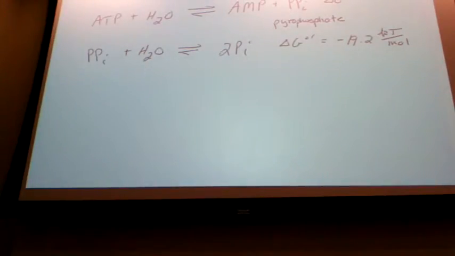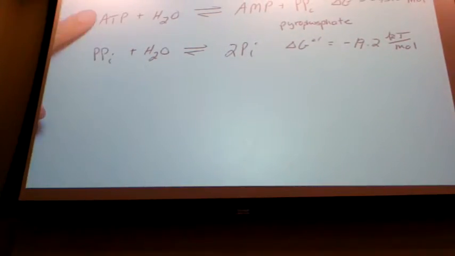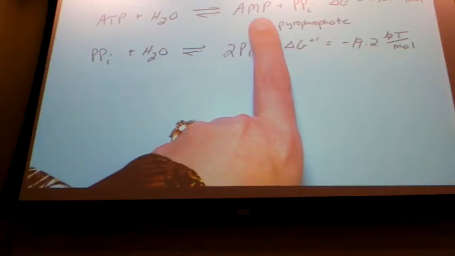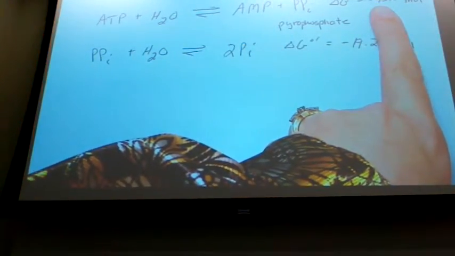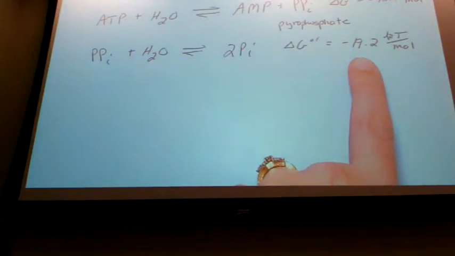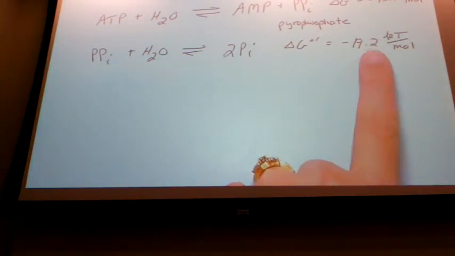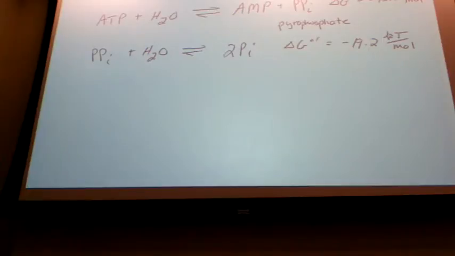So sometimes you'll see ATP down to AMP, which is not enough to drive a process by itself, but as soon as the pyrophosphate is hydrolyzed, it is. We'll see examples like that later on.